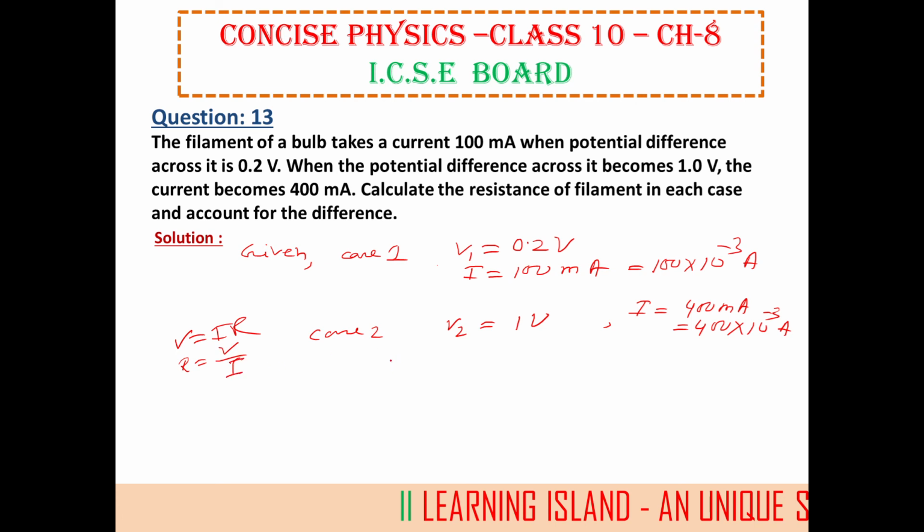So in first case, R1 is coming V1 by I1, where V1 is 0.2 and I1 is 100 into 10 to the power minus 3.